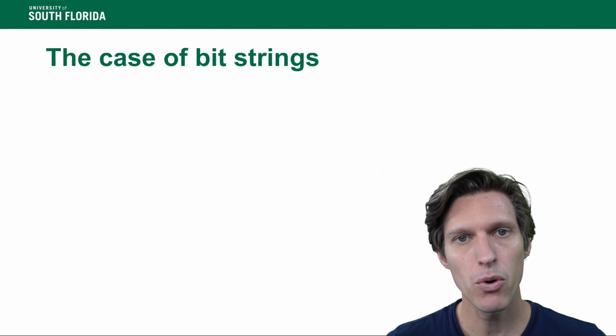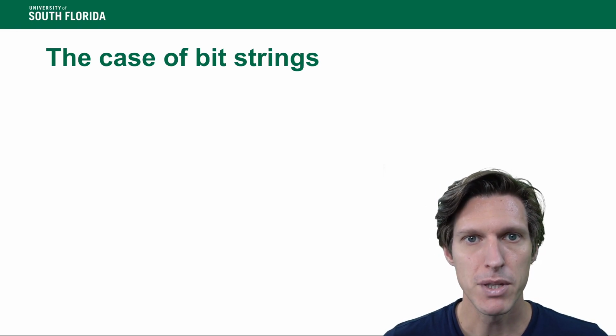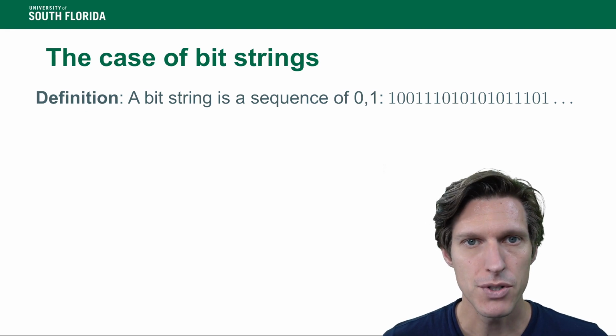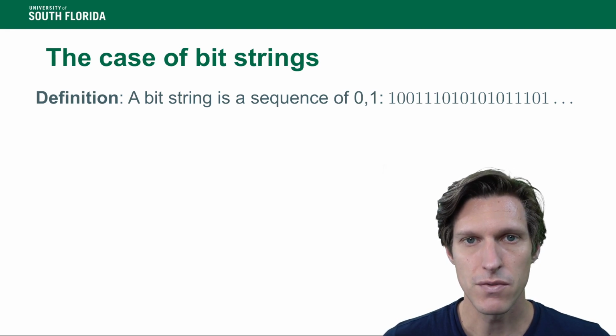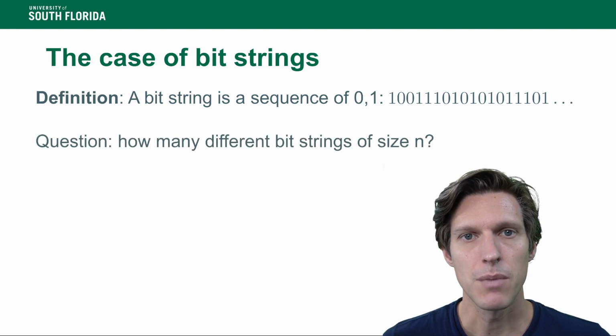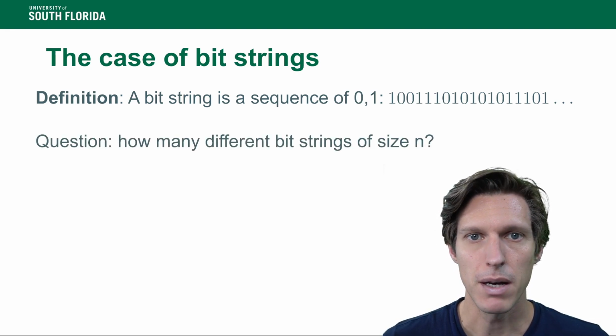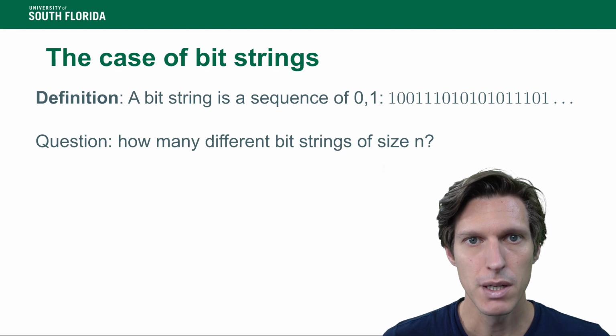Now, a very important case is that of bit strings, because in computers, information is encoded as zeros and ones. A bit string is a sequence of 0s and 1s. To calculate probabilities about drawing a certain bit string, you need to count all the possible bit strings.